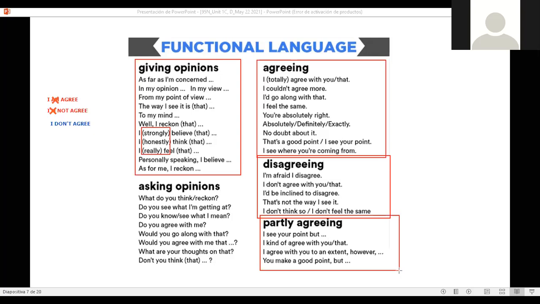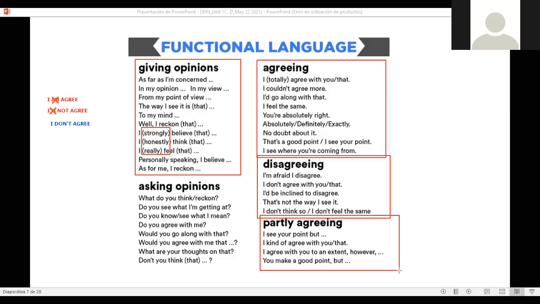Estoy de acuerdo contigo en esto, pero, however, and you make a good point, but. Estás dando un buen punto de vista, pero, y empezamos nosotros a introducir lo que pensamos. Este pero siempre nos permite contrastar, ¿sí? Cuando ustedes vean por ahí un but, significa que van a decir algo más, algo diferente a lo que ya se ha mencionado, ¿sí? Generalmente es para ideas contrastantes.